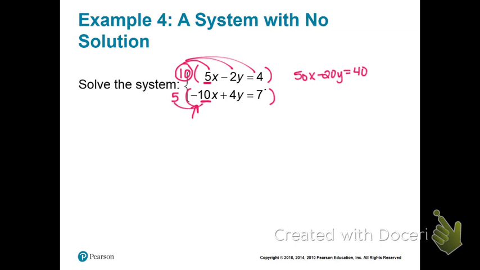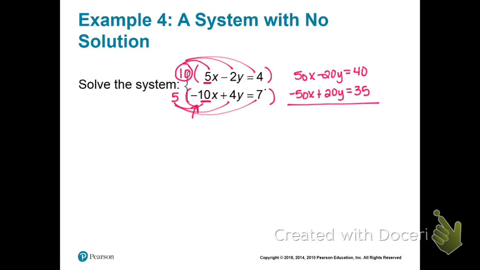Take the 5 and distribute it into its parenthesis. And then combine them. 5 times 7 is 35.